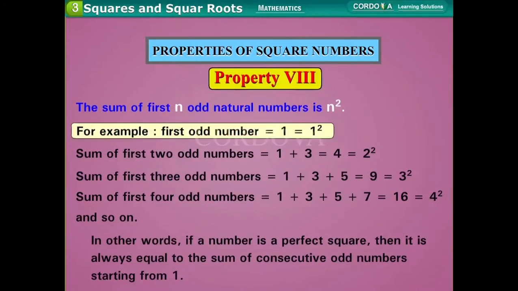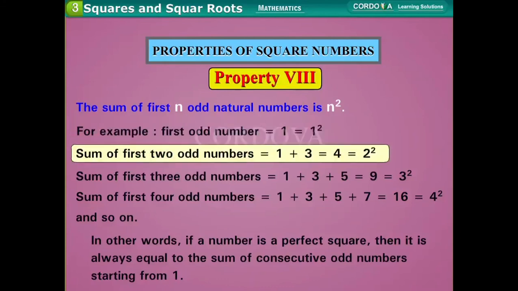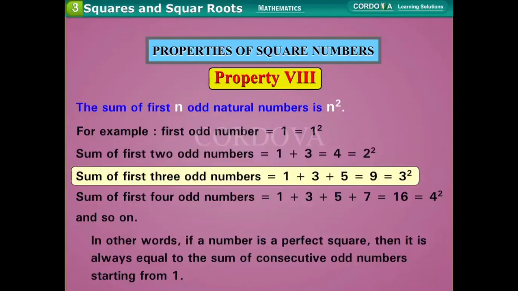For example, first odd number is equal to 1, which is equal to 1 square. Sum of first two odd numbers is equal to 1 plus 3, which is equal to 4, which is equal to 2 square. Sum of first three odd numbers is equal to 1 plus 3 plus 5, which is equal to 9, which is equal to 3 square.